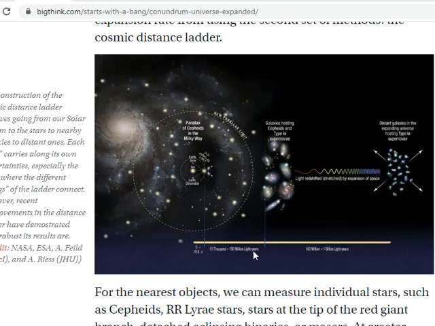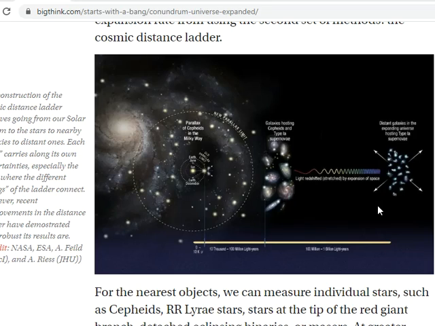So you take these two data points, the magnitude and the redshift, and you can calculate how far away it must be, and you can calculate what its velocity must be. And through those two things, you can figure out what the Hubble constant for that particular object is.